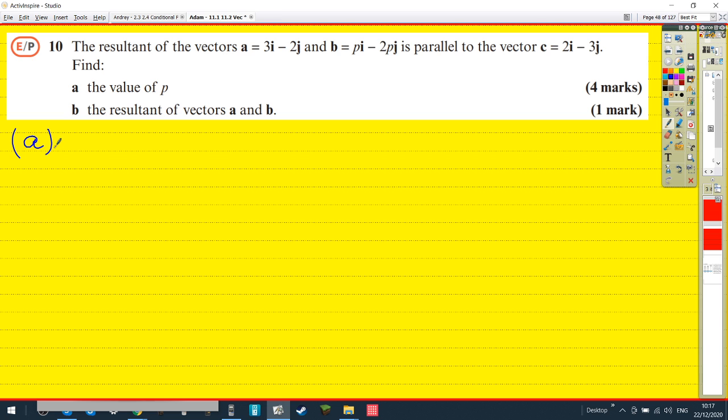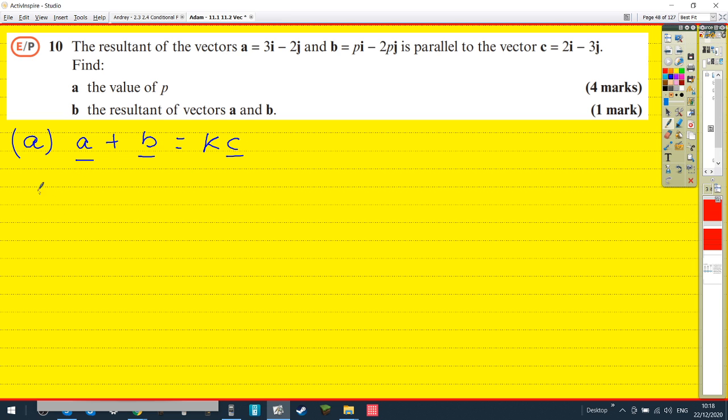The resultant of the vectors is parallel to C. So that's A plus B. You might think A plus B is equal to C, but it's actually parallel to C. So it's C times something, and we usually write it as K. So A plus B is equal to K times C. It might be double, triple, half, or minus a third.